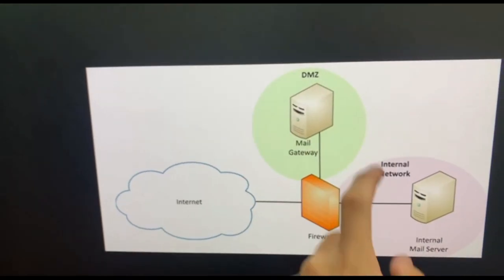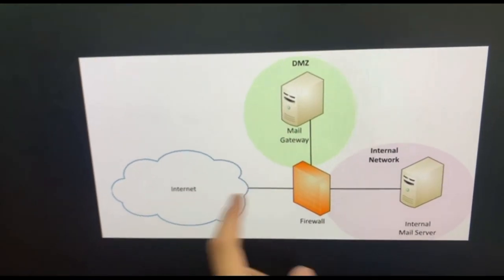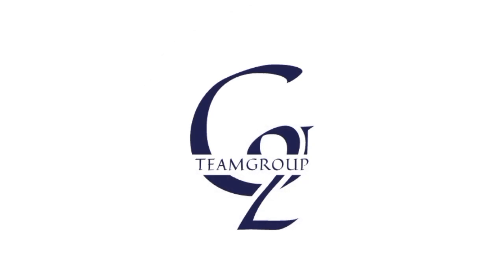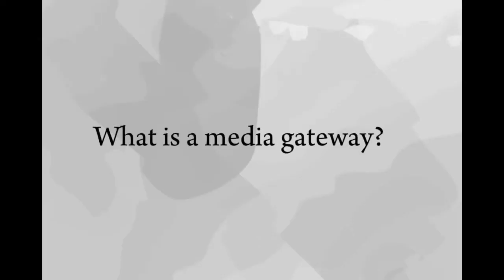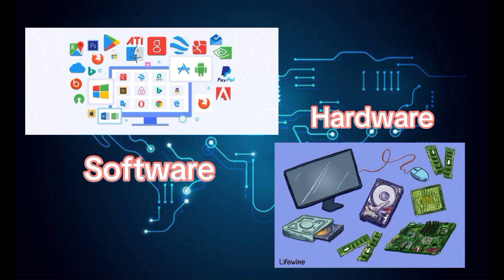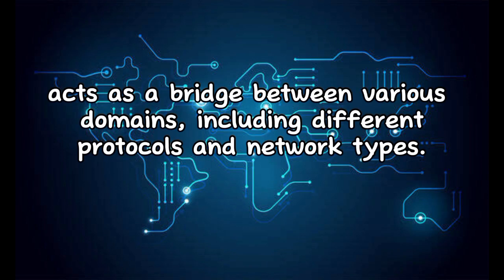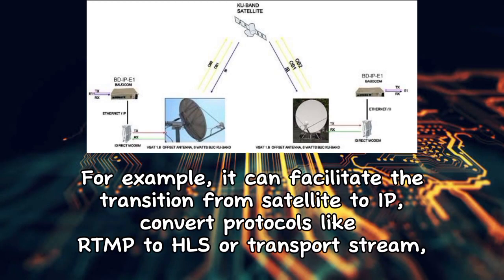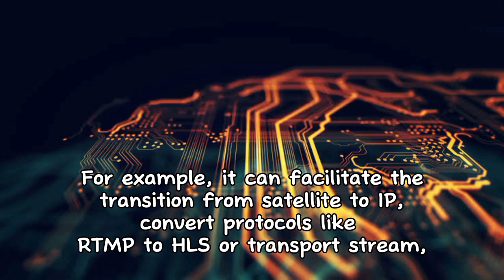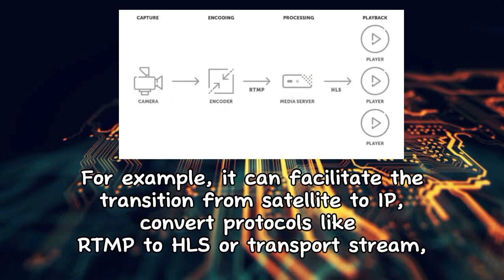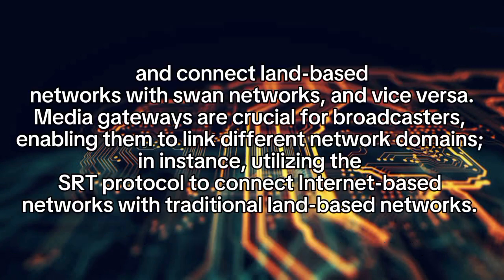A media gateway, in software or hardware form, acts as a bridge between various domains, including different protocols and network types. For example, it can facilitate the transition from satellite to IP, convert protocols like RTMP to HLS or transport stream, and connect a LAN-based network with a SWAN network and vice versa.